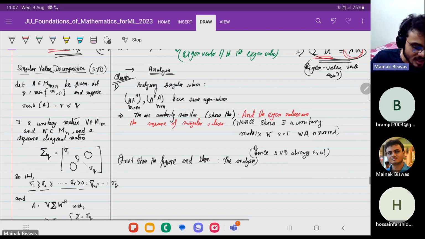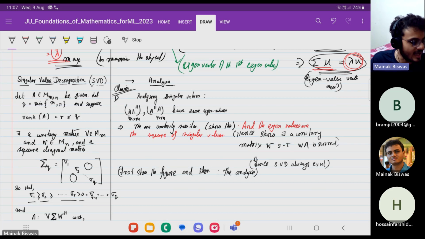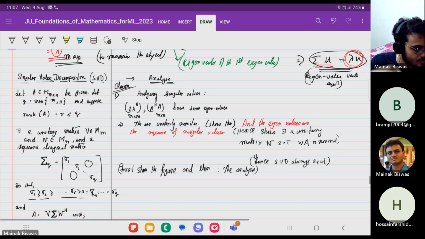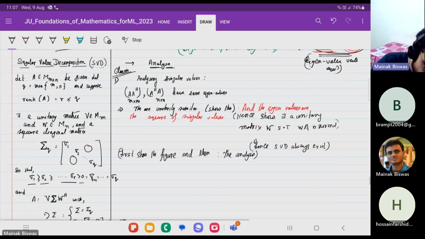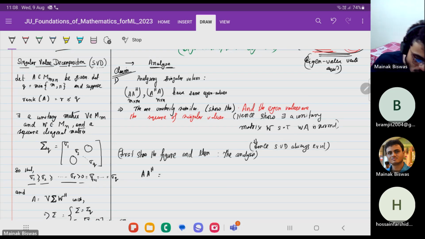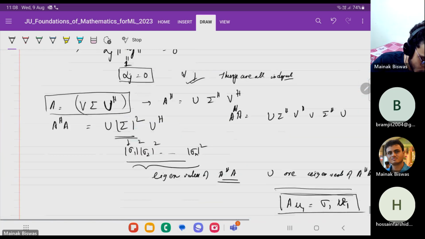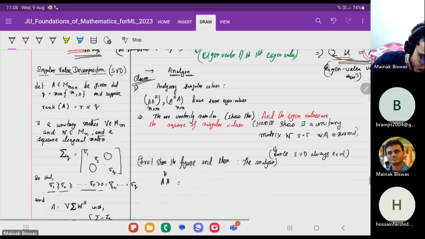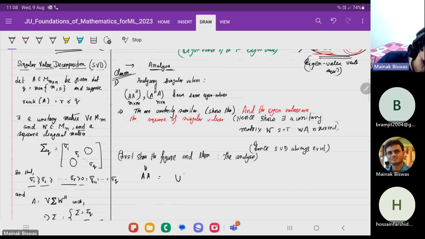I will show you that A A Hermitian and A Hermitian A have the same eigenvalues. Can you tell me how you can show that? If I can show that, we will be done. A Hermitian A we wrote as U sigma squared U Hermitian. Yes or no?